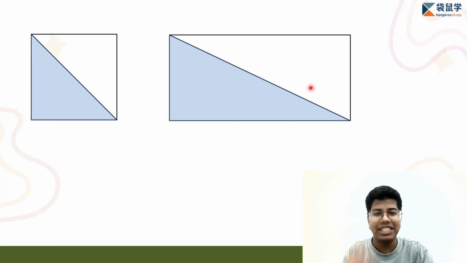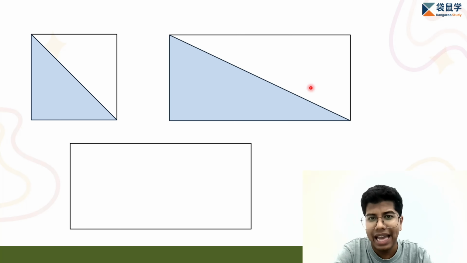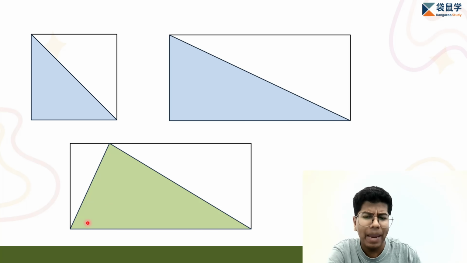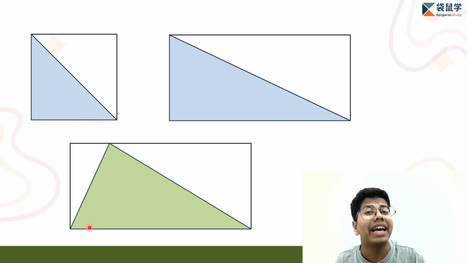But let's see one of the extensions for the half model which can also be tested in our SASMO exam. So what is the extension? Let's have a look. Let's say I have a rectangle and I have a triangle inside it. Now we can see the base of the triangle is overlapping with one of the sides of the rectangle.